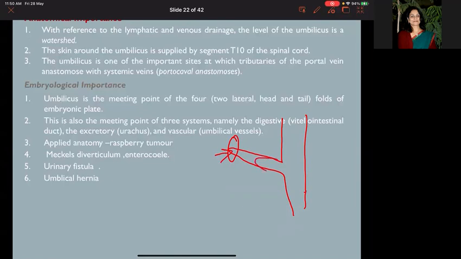If this part is patent and not atrophic, then this will form an enterocele, that is a permanent diverticulum from the midgut, which may cause obstruction during life in humans.